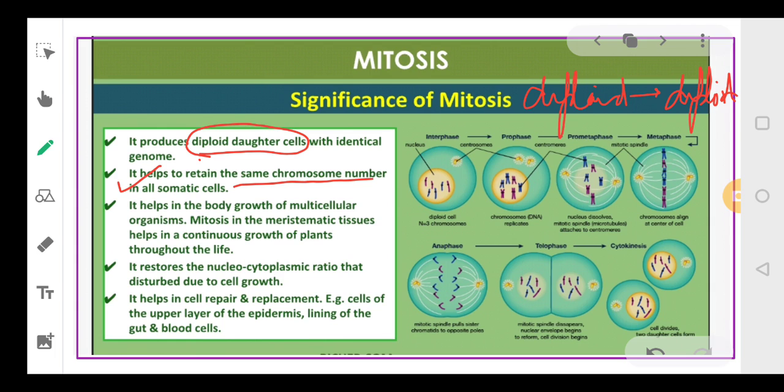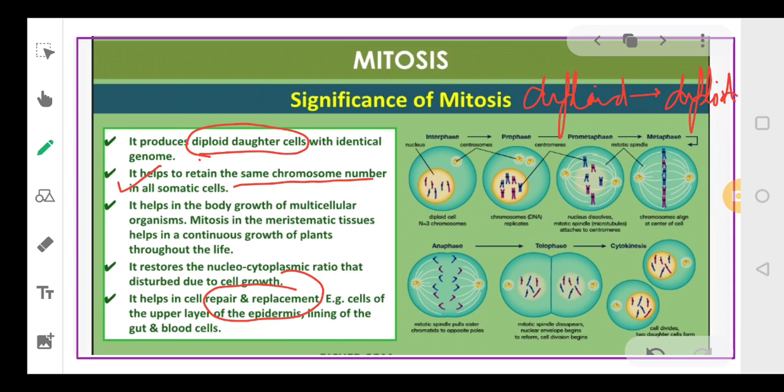Third, suppose if your body is damaged, then your body needs to be repaired. And for repairing, we require new cells. If our body is damaged somewhere, our body needs new cells there. So how will new cells form? By mitosis. So mitosis basically helps in the repair and replacement of the cells. Like it happens in your blood cells, it happens in your skin. So your skin is being renewed.